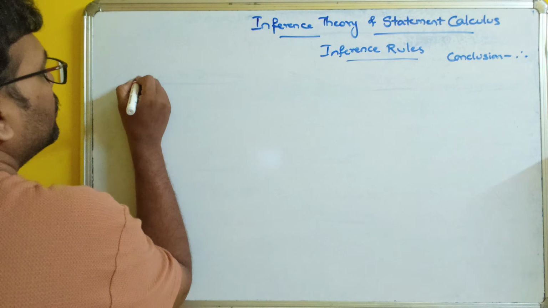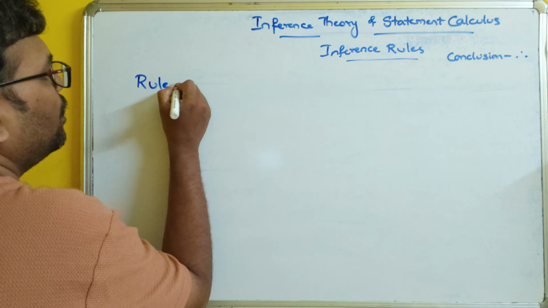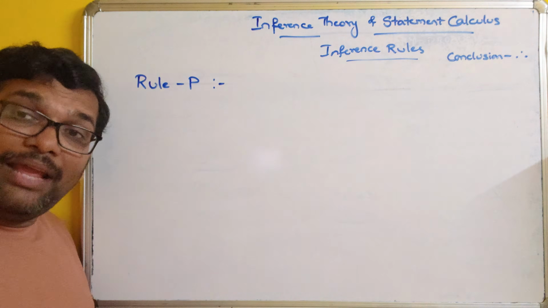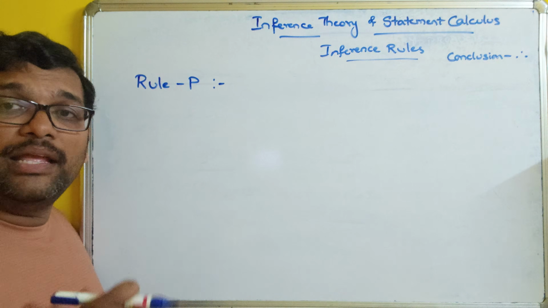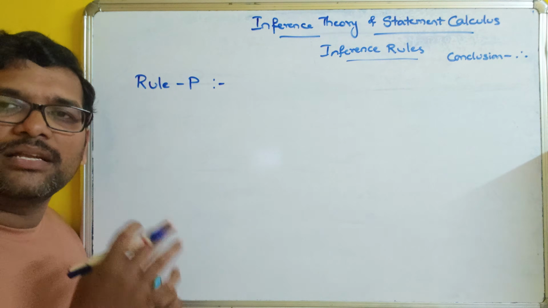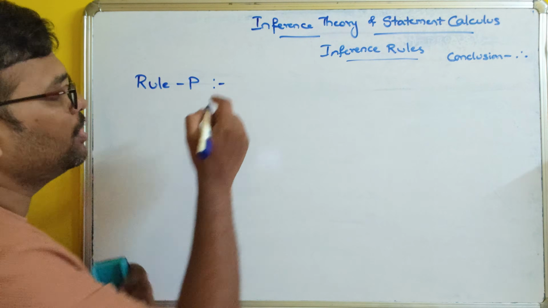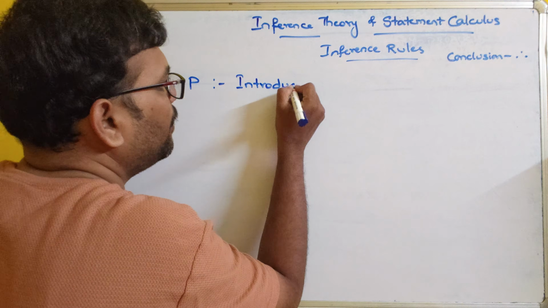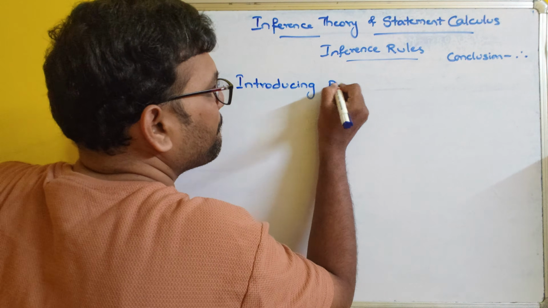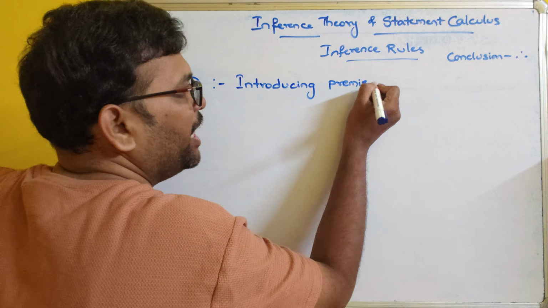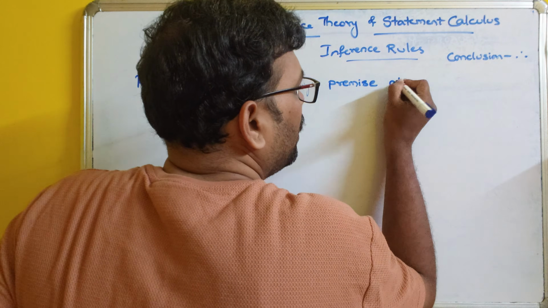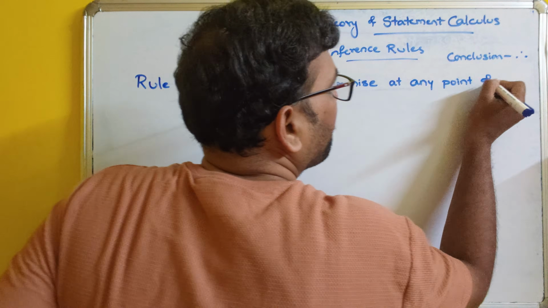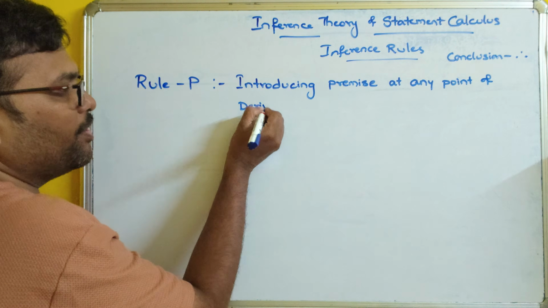Okay, now the next one is rule P. Rule P means while deriving the conclusion, we can introduce any premise directly into the derivation. So this is nothing but introducing any premise at any point of derivation.